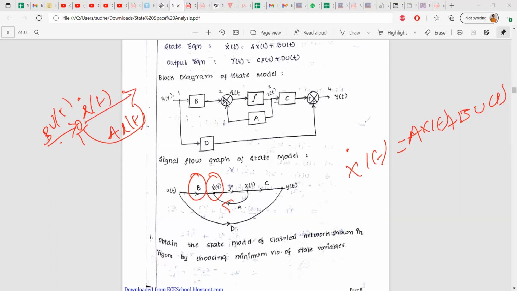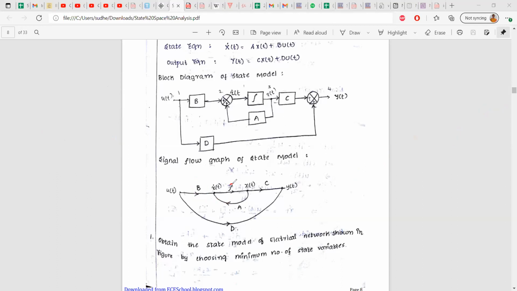So what is x dot of t? A into x of t plus b into u of t. Meanwhile, here we have the integrator. Integration of x dot of t gives x of t. This is how the block diagram and signal flow graph representation is done for the state model.